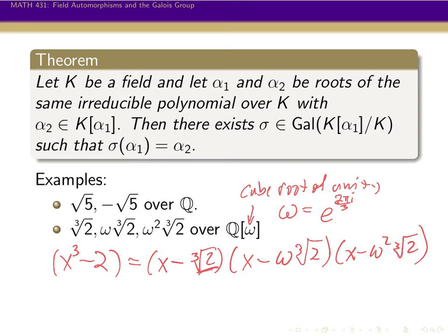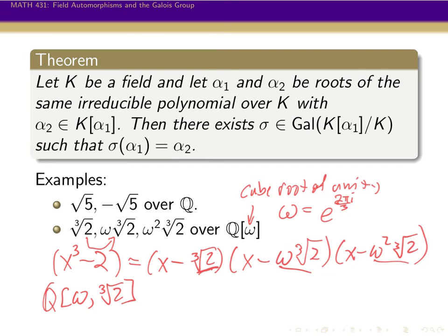But since omega is in there, it also is going to give us these other two roots. And so now all three of these roots of x cubed minus 2 will be in this extension Q adjoin omega, cube root of 2. Okay. And so what the theorem here is saying is that there's going to be some sigma that sends cube root of 2 to omega cube root of 2 and then to omega squared cube root of 2.